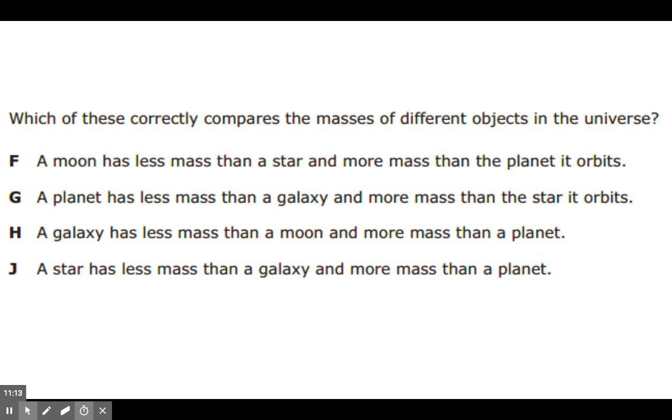A galaxy has less mass than a moon and more mass than a planet. A star has less mass than a galaxy and more mass than a planet. So I'm going to give you a few seconds to try to decide on your answer before I explain.